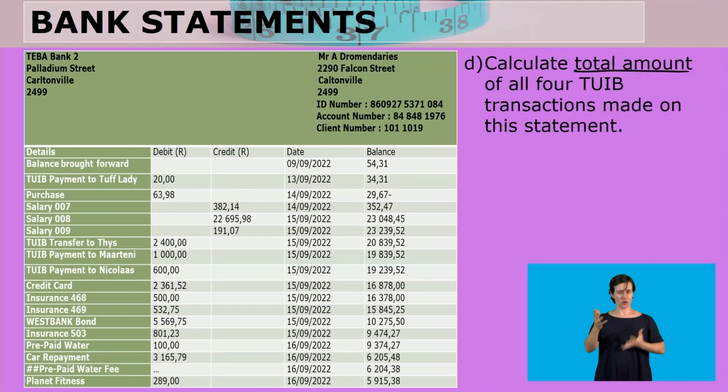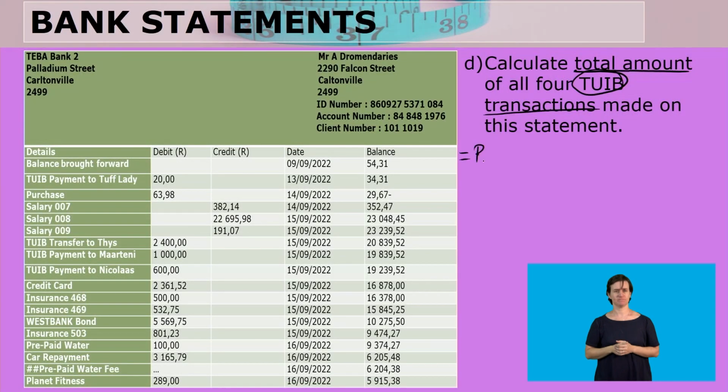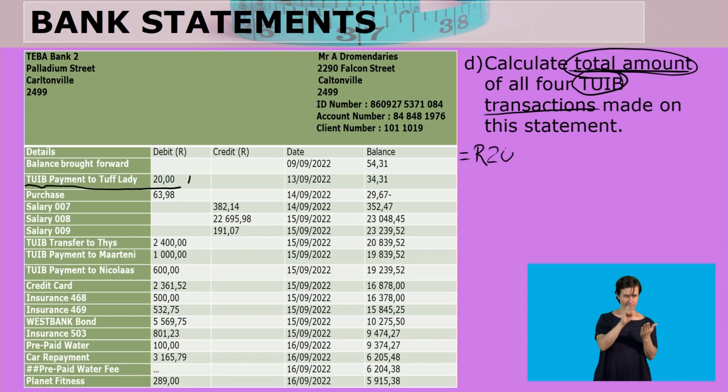Then number D, calculate the total amount of all TUIB transactions made on this. So this is your keyword. So you are only going to be looking at TUIB transactions and adding them together because they want the total amount. So let us go to our bank statement and check the TUIB. So this is our first transaction, of which it was 20 Rand plus. You go down, you have a transfer of 2,400.